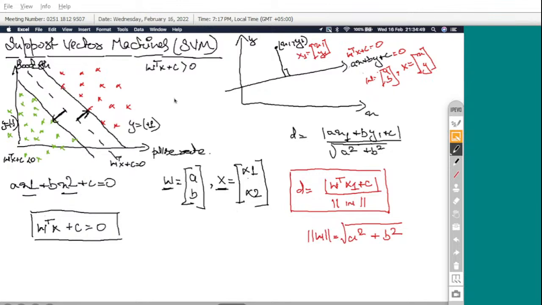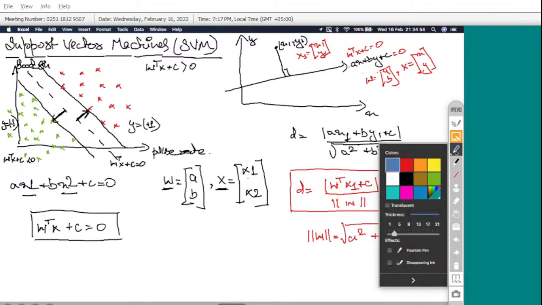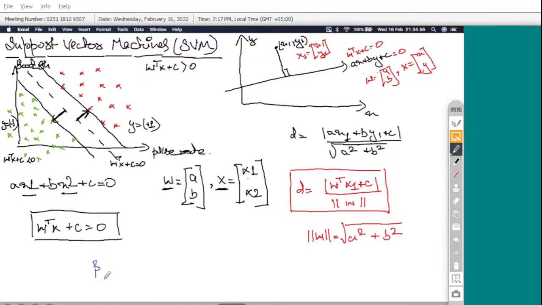So we can simply write the equation: best fit hyperplane beta h should be the maximum of the minimum of w transpose x plus c over norm of w. Okay? Make sense?